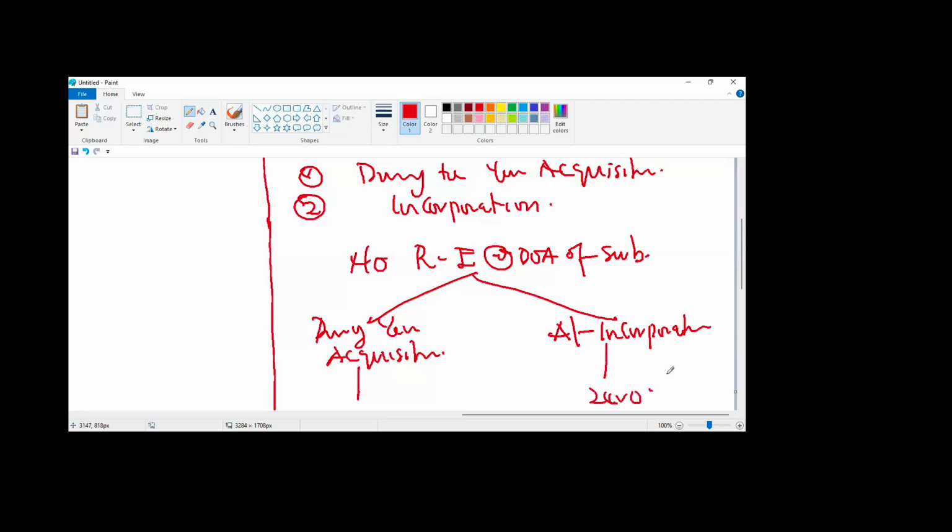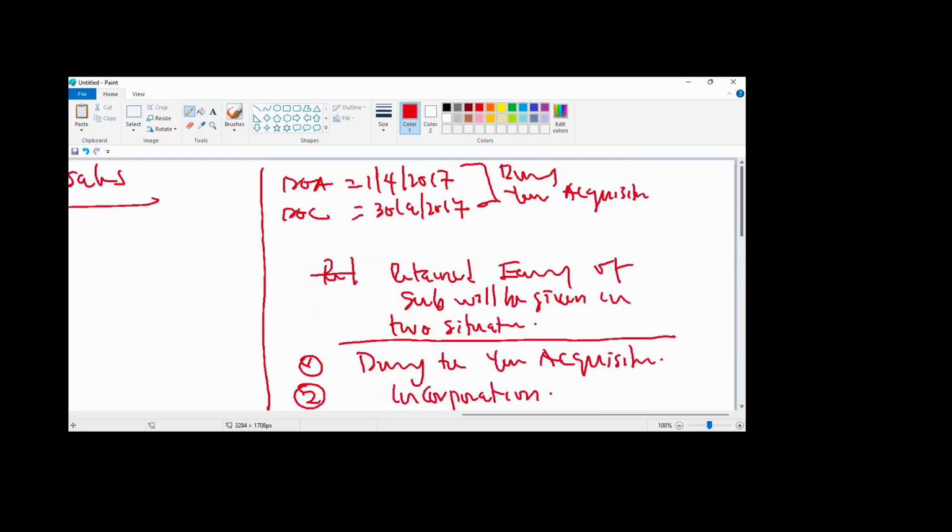Retained earnings equals 0. How do I know it is during the year acquisition? When do you acquire? It was acquired 1st of April 2017, and they asked me to consolidate 30th September 2017. So during the acquisition, no retained earnings.